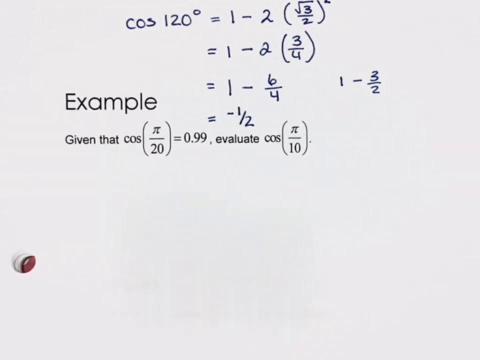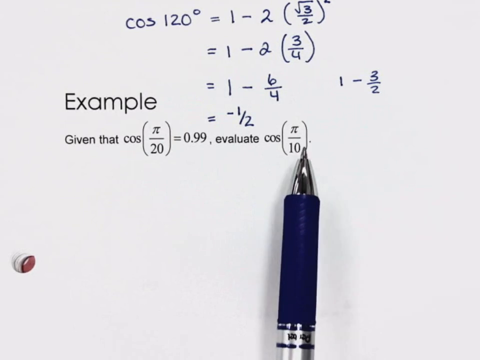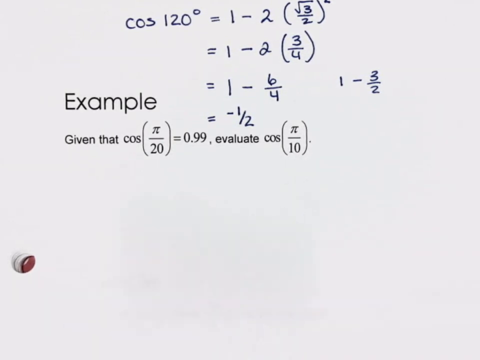I don't know why, it's just the way it is. This would show up on a non-calculator portion, because if you had your calculator, you literally could just do cos of pi over 10. Do you know what I mean? This is on the non-calculator portion of your exam. So this is how we would solve it.